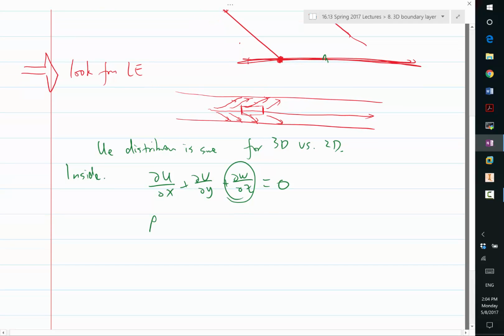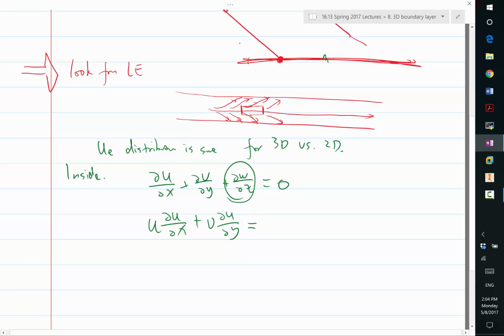Also, we have the momentum equation. Let's get rid of the rho, divide by rho on both sides. u du/dx plus v du/dy plus nothing times du/dz, because any d/dz is equal to 0, right?